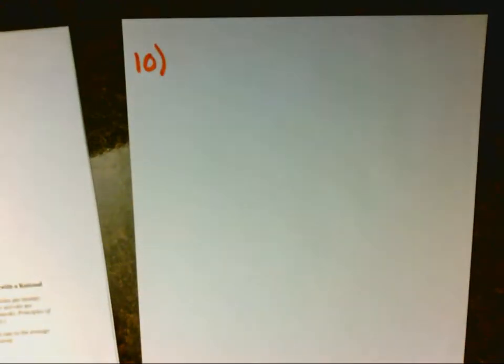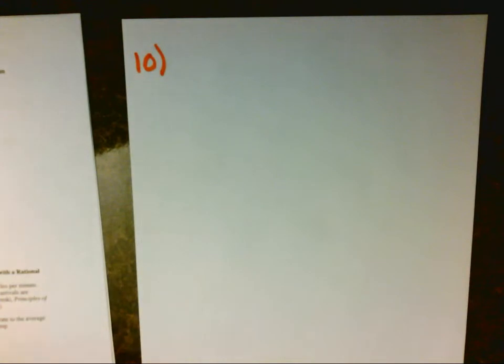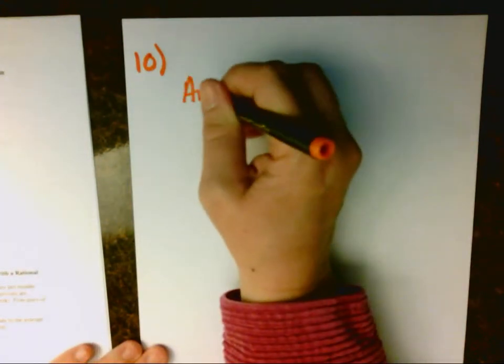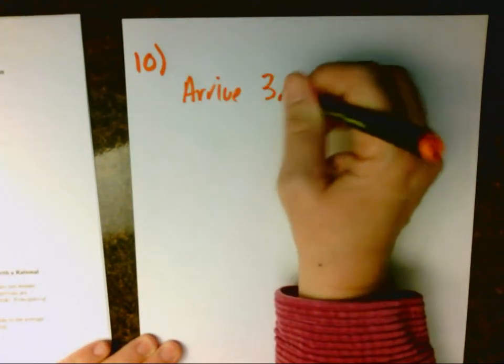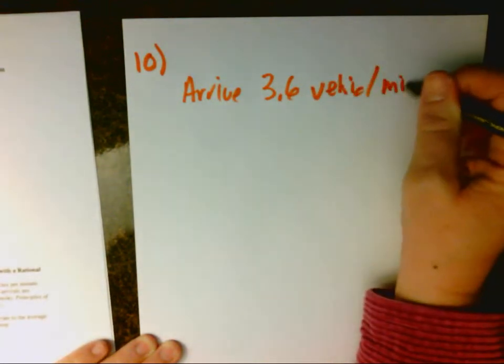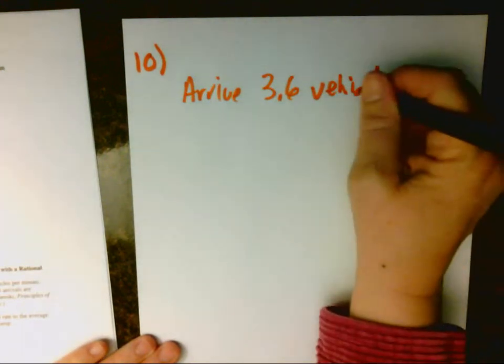Number 10. This is modeling traffic intensity as a rational function. Vehicles arrive randomly at a parking ramp at the average rate of 3.6 vehicles per minute. So they arrive 3.6 vehicles per minute. Okay? That's an abbreviation for vehicles.